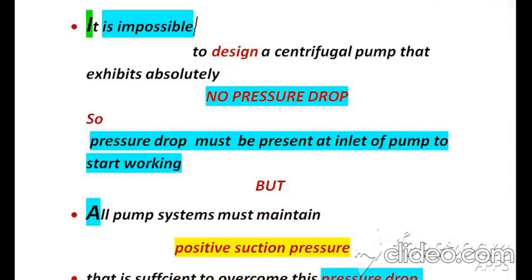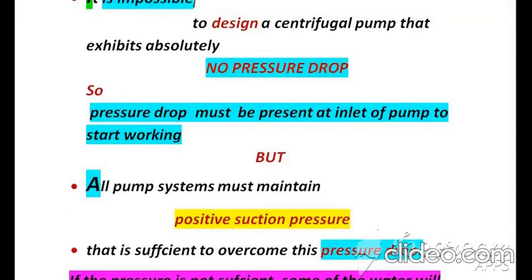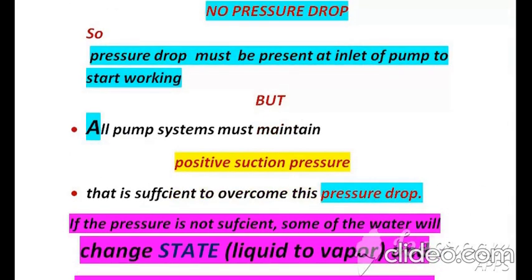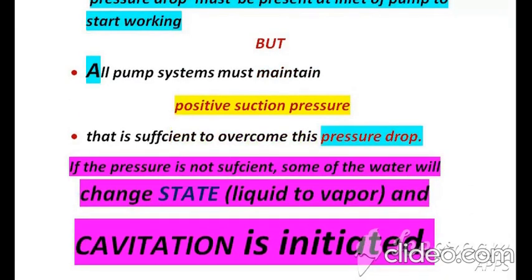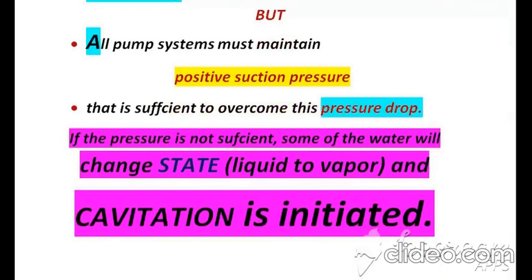But all pump systems must maintain a positive suction head that is sufficient to overcome this pressure drop. If the pressure drop is not sufficient, some of the water will change state from liquid to vapor, and that will be the source of cavitation, and after that cavitation will be initiated.